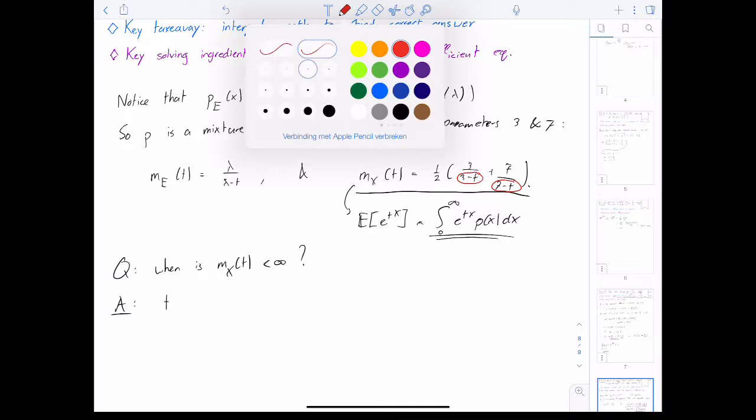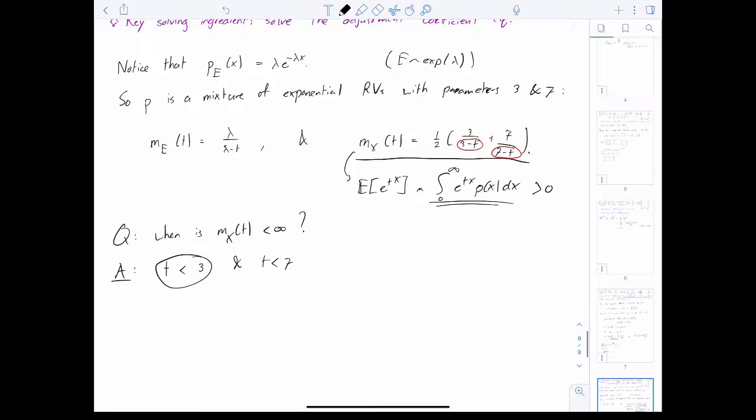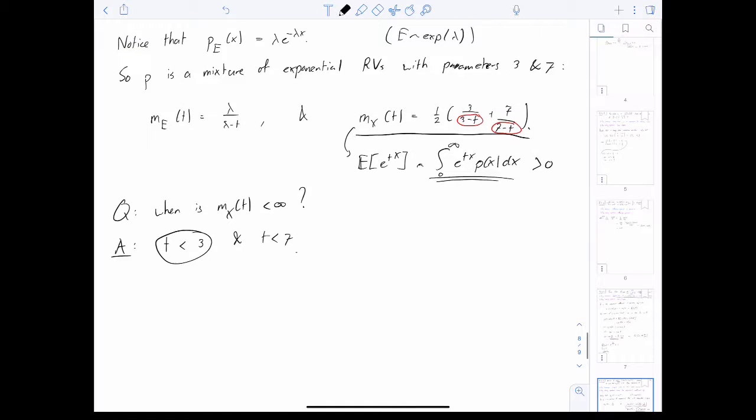So it has to be not equal to 3 and not equal to 7, but also it cannot be negative, because the moment generating function is by definition positive. Therefore, t must be smaller than 3, and t must be smaller than 7, but of course the first one covers the second case. Alright, so this is the answer to the first part.